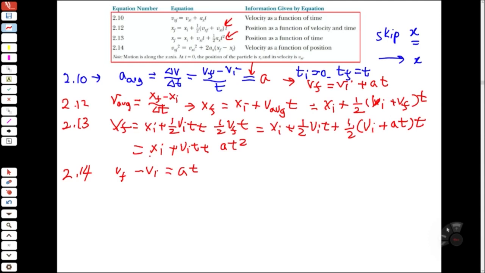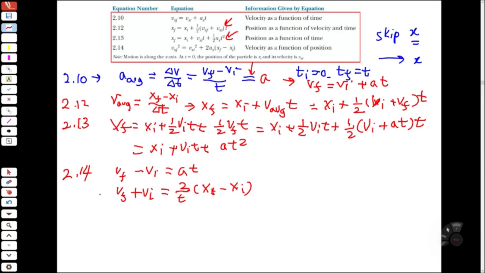And from 2.2, you have vf plus vi is equal to 2 over t times (xf minus xi).